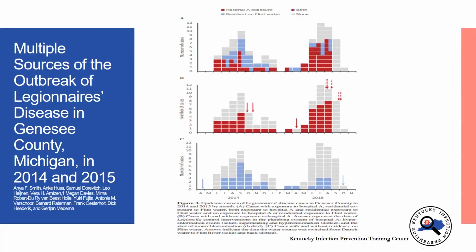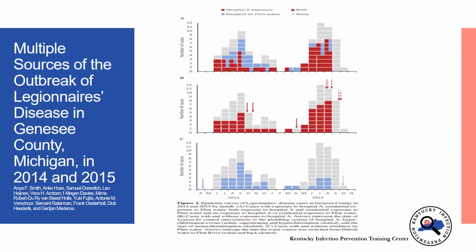They did a hyperchlorination event, it kind of went away, then it came back up. In which case they did a superheating and hyperchlorination, which is the dotted lines, and then they did monochloramination, which is the dashed lines.